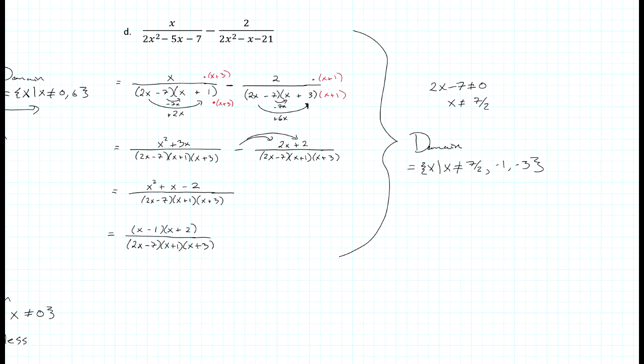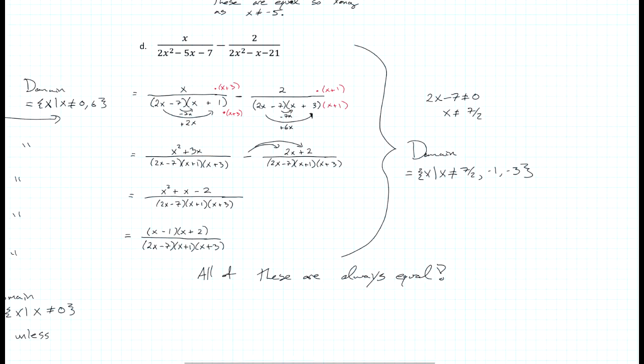And so all of these are always equal. Cool, so no domain changes in that one. And that can happen, right? We want to note that that's also a possibility. So cool. There we go.